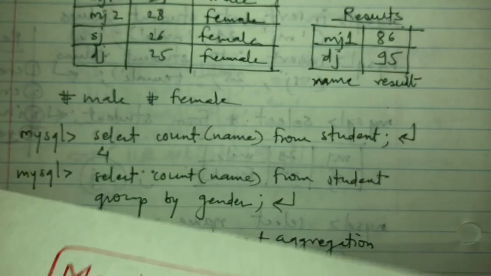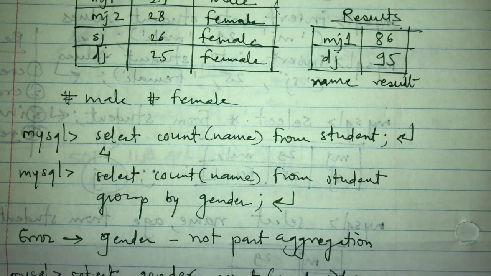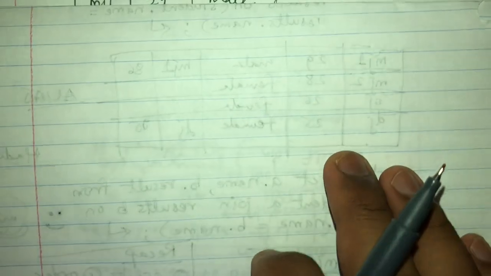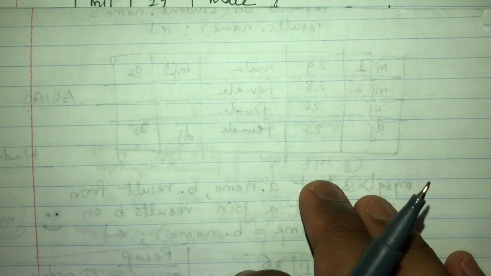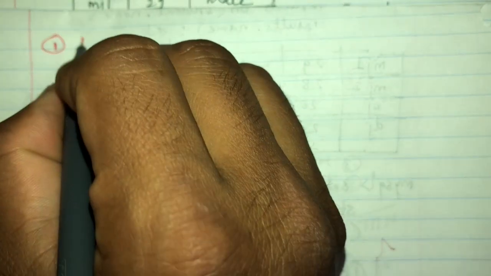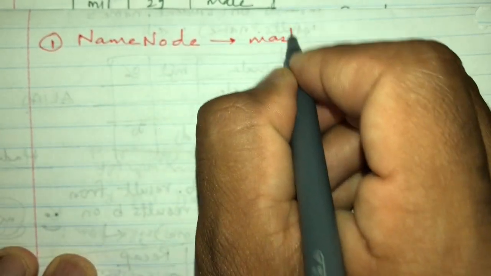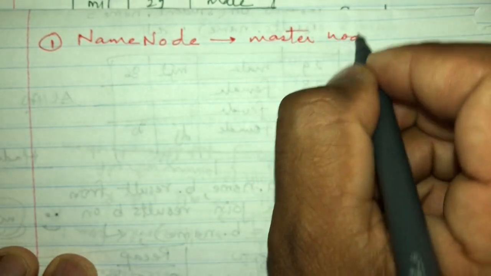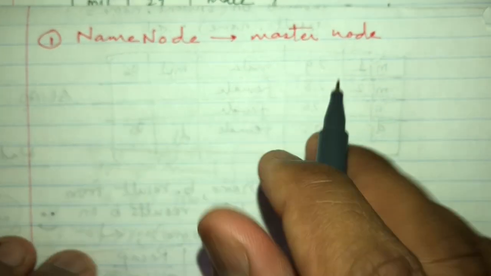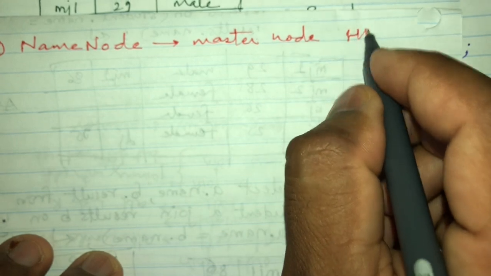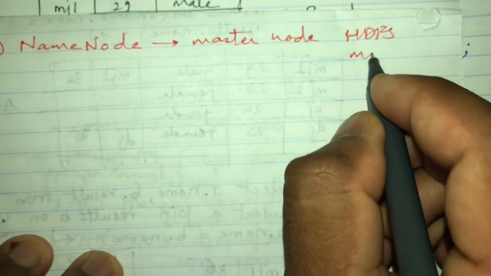So when we introduce this many systems in the network, some of those systems or all those systems play a very important role. The most important of them all is called the name node, which is also known as the master node. The reason it is called master is because HDFS follows a master slave architecture.